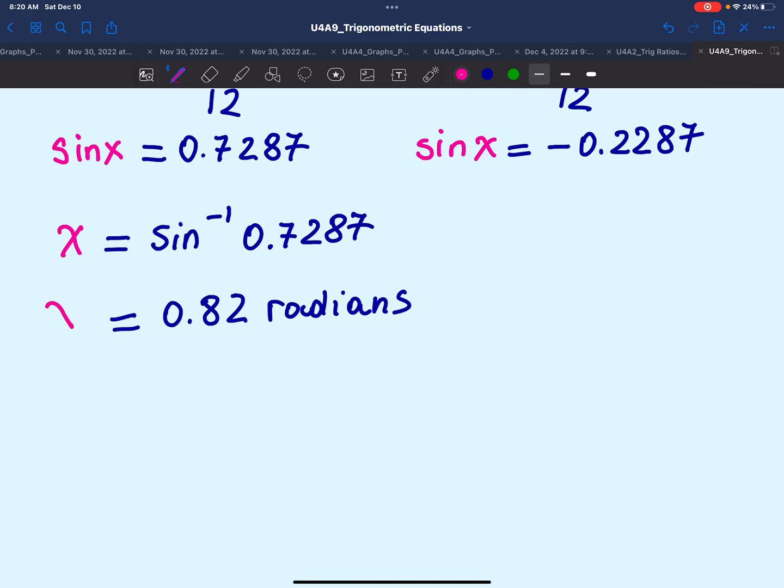Here we go. And using the other equation, we're going to have x equal inverse sine negative 0.2287.